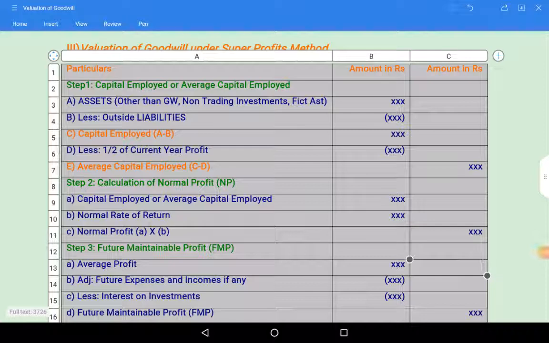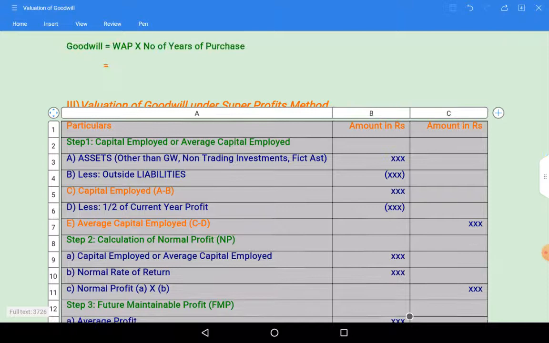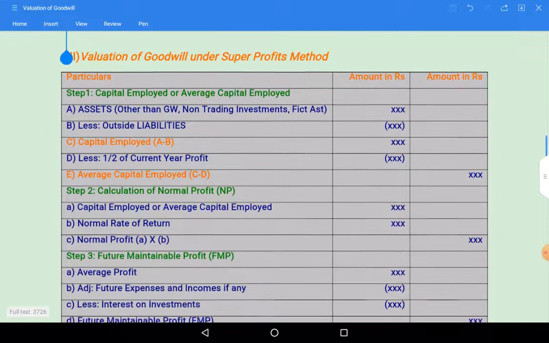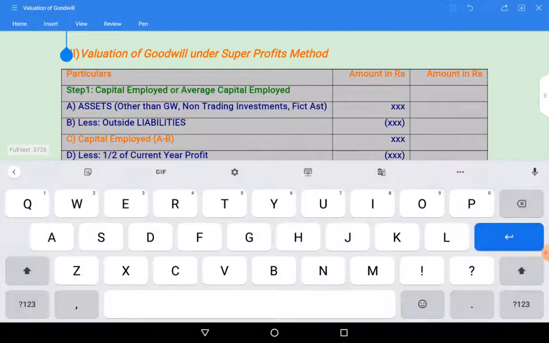Well, here I am with a new video relating to the valuation of goodwill, and in this video we are going to discuss valuation of goodwill under the super profits method.